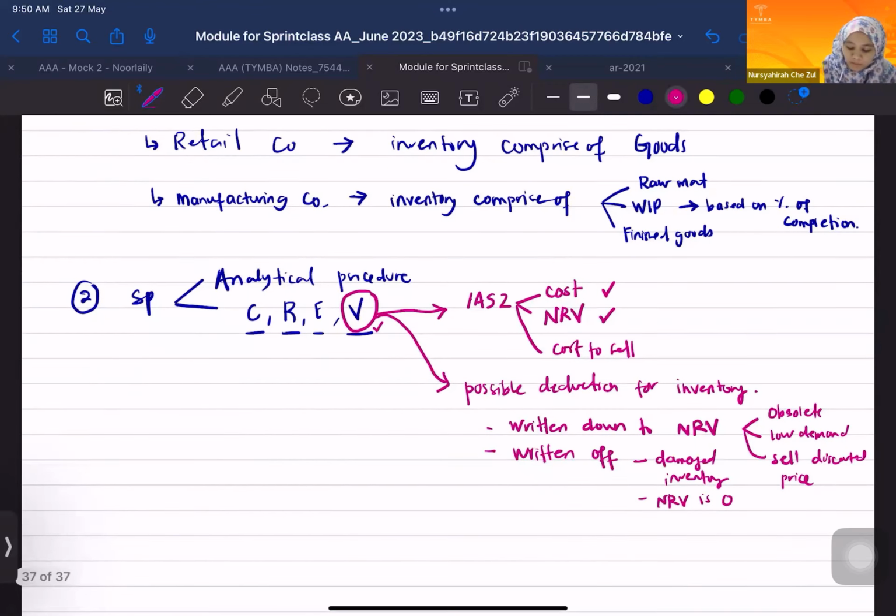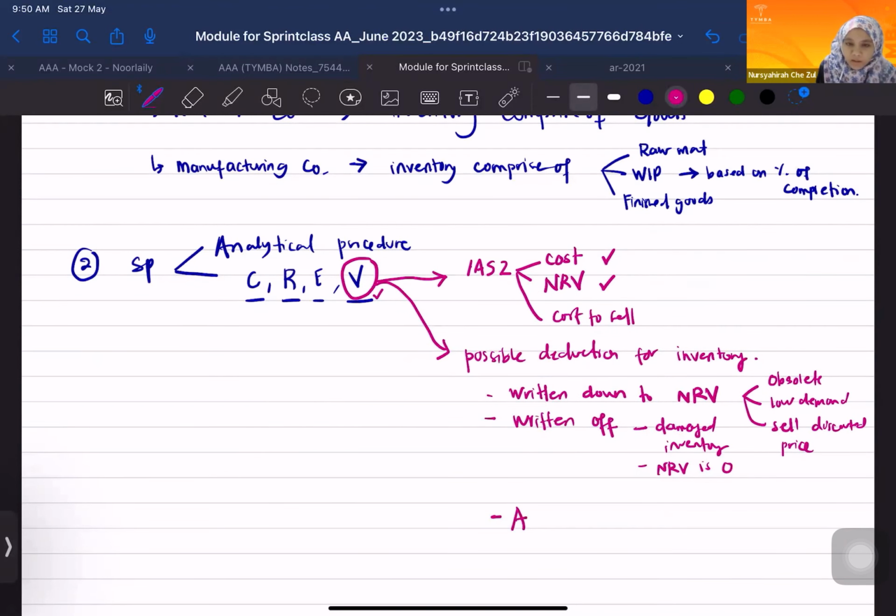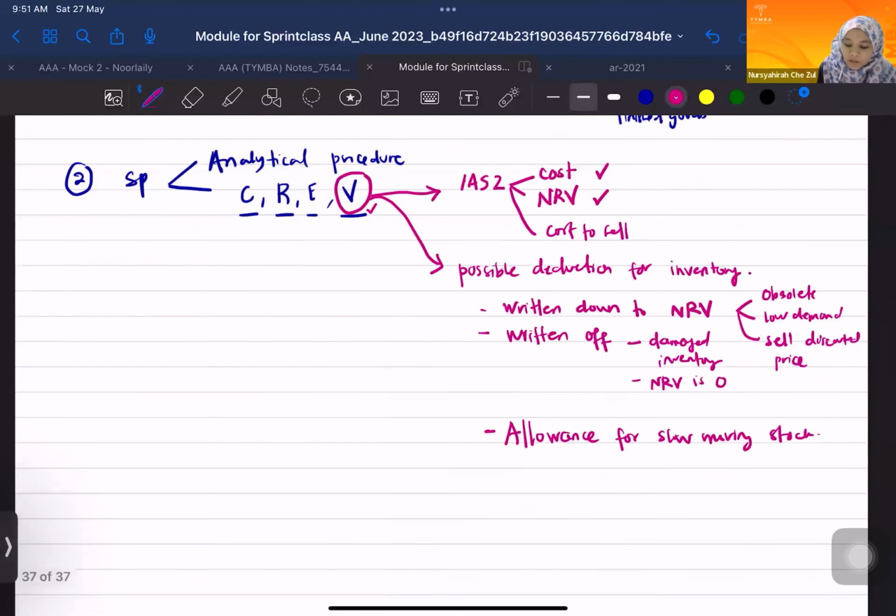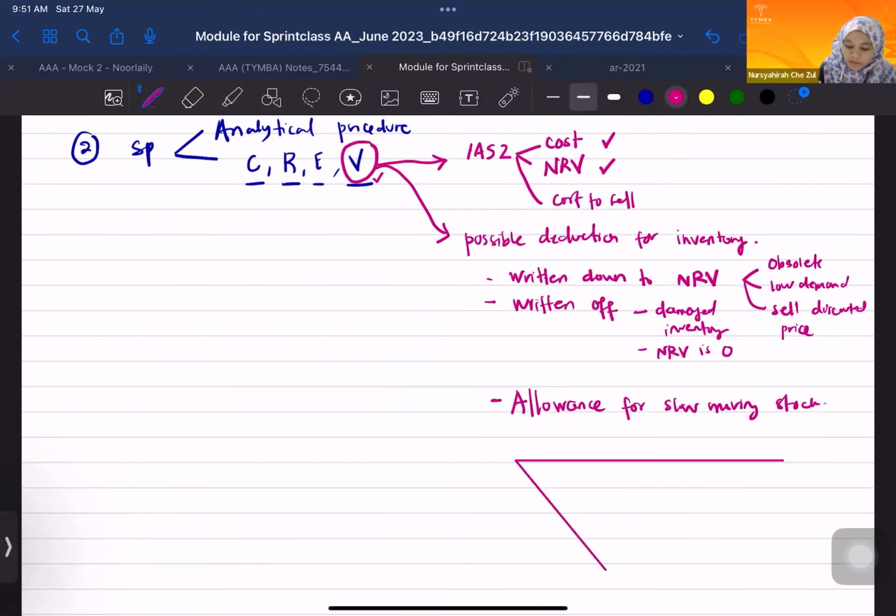What else? I'm not sure whether you have ever heard of this: allowance for slow moving stock. The concept is exactly the same as allowance for receivables, allowance for doubtful debts. A company can generate a report from their system called inventory aging.